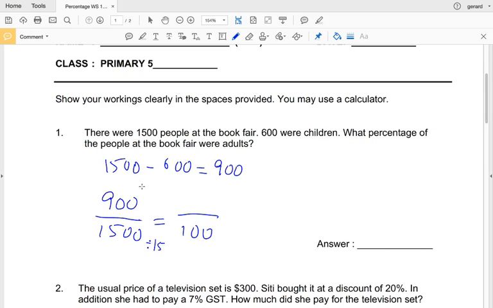So if here we divide by 15, here we also divide by 15. So 900 divided by 15 should be 60. Once you get this, you can convert it straight to 60%. So it's 60%. Don't forget units.